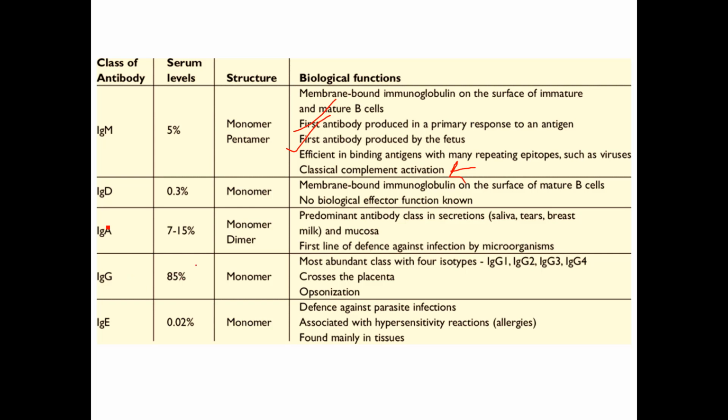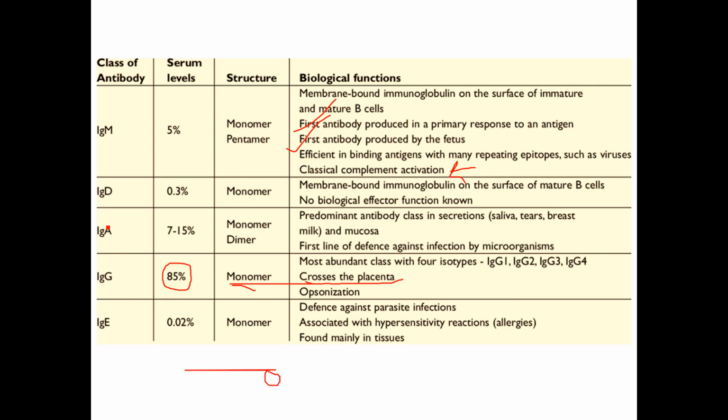IgG is present at a serum level of 85% in a monomeric form, and it is the most abundant class of antibody, with four subisotypes IgG1, 2, 3, and 4. It can cross the placenta, so it provides immunity to the growing fetus. And it also helps in opsonization. What is opsonization?